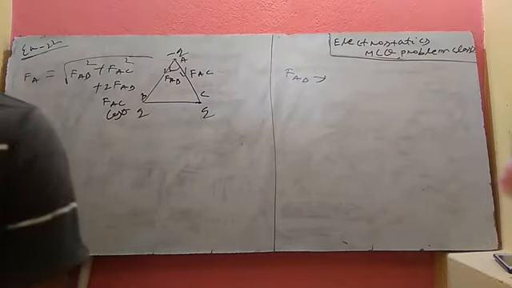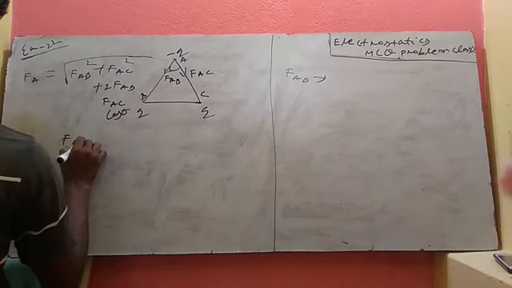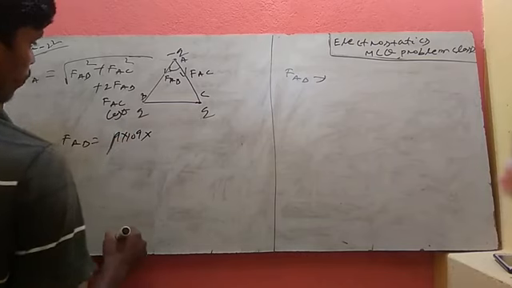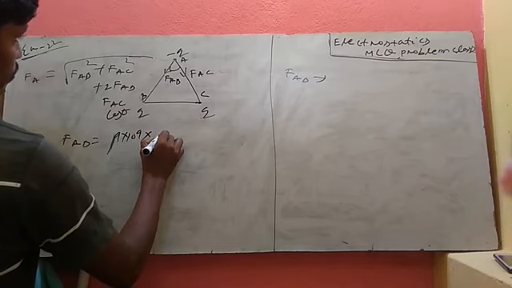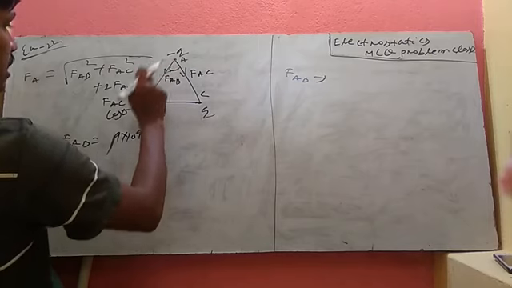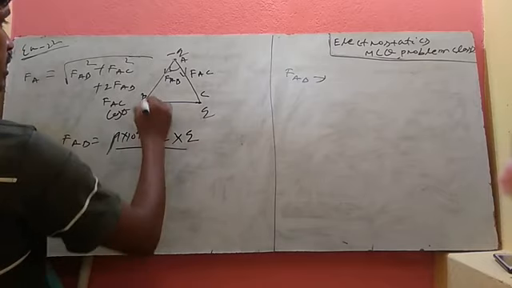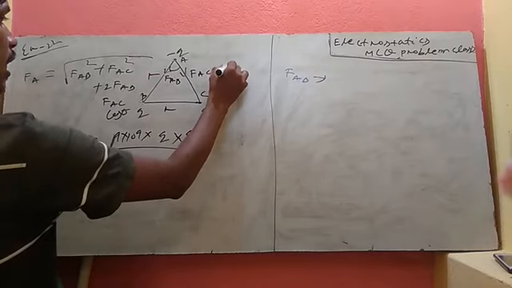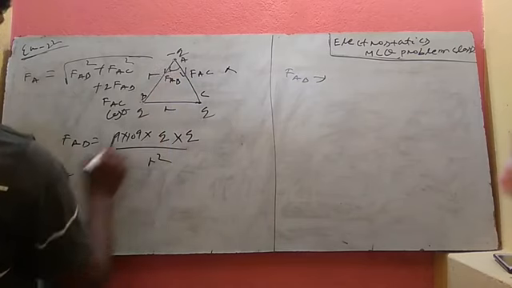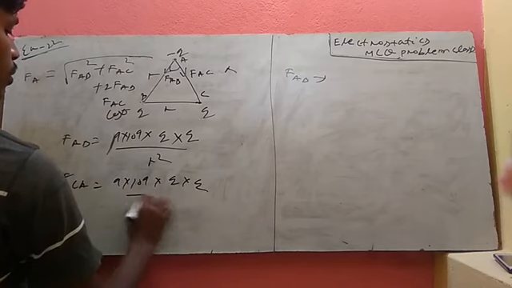So first of all you have to find FAB and FAC. FAB is 9 into 10^9 into the charge magnitude Q times Q, divided by the distance r square. Similarly FCA is 9 into 10^9 into Q by r square.